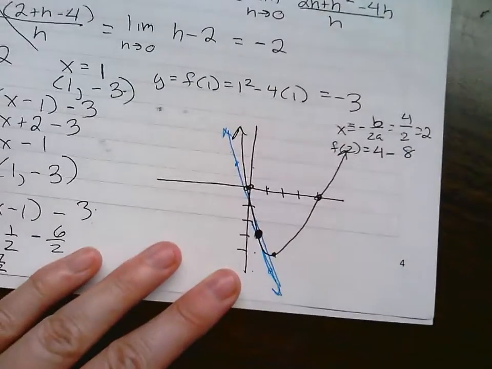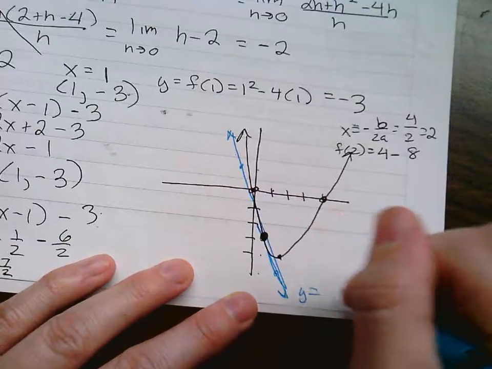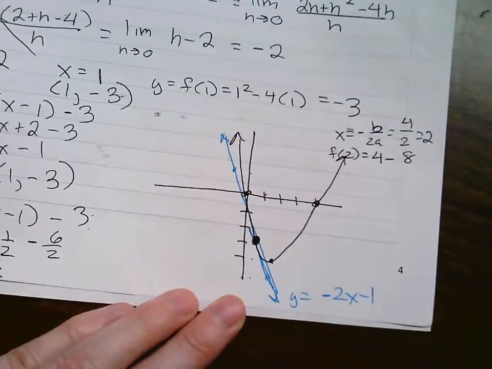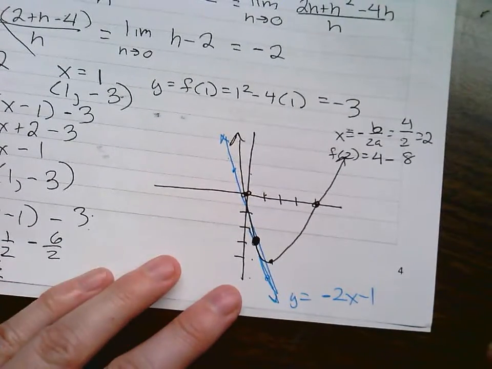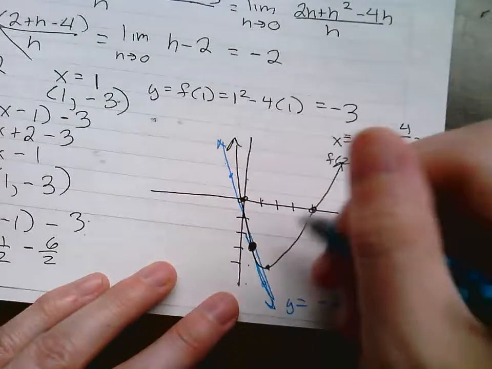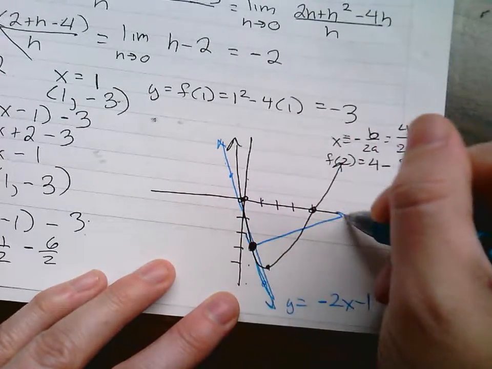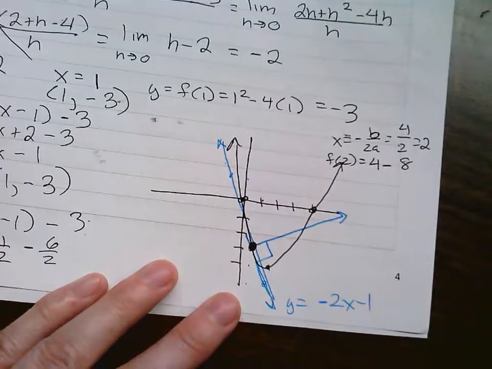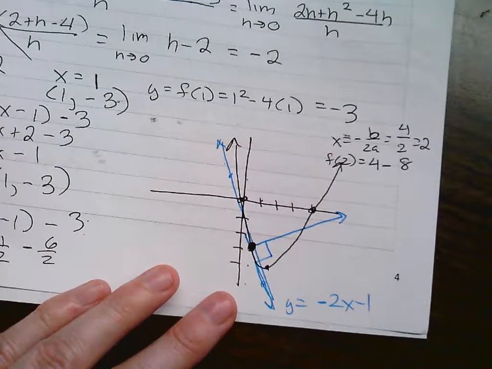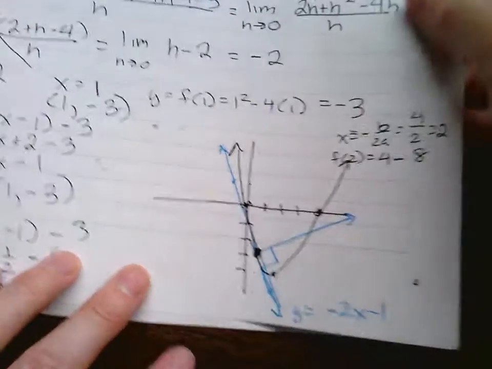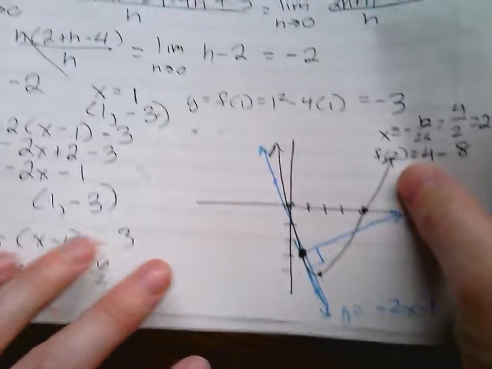Okay, that's our tangent line. And then our perpendicular line is just going to look something like this. There's your perpendicular line.